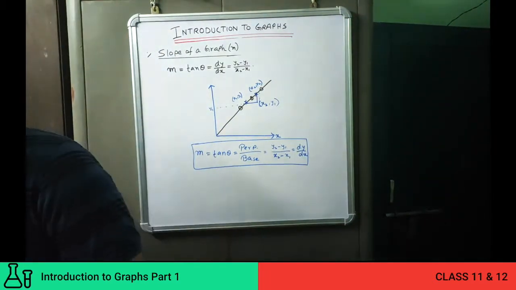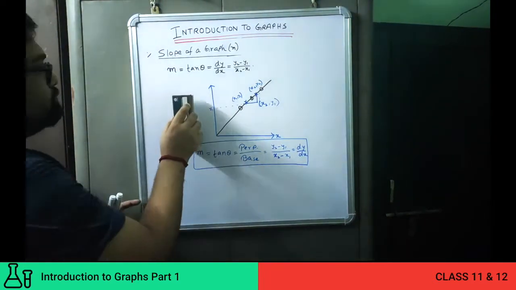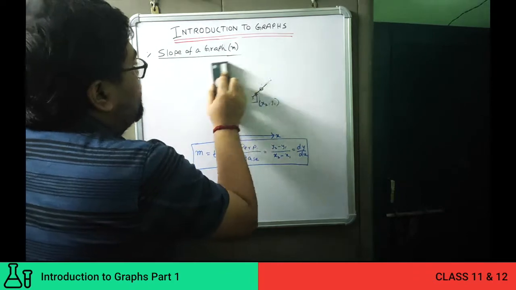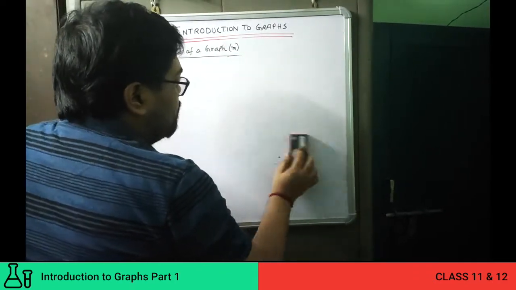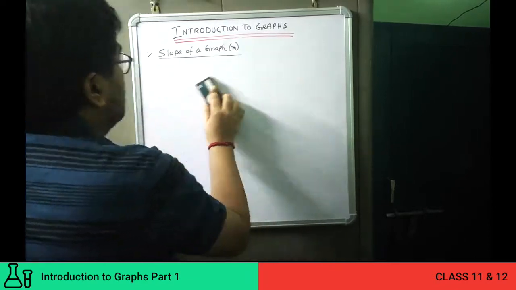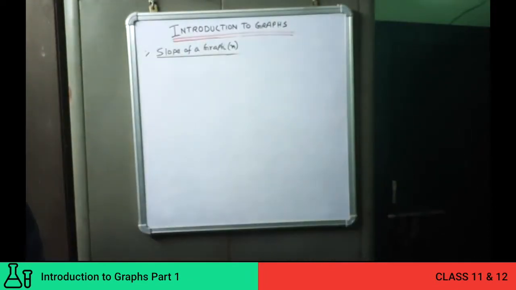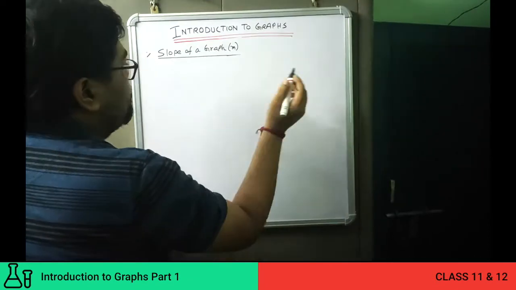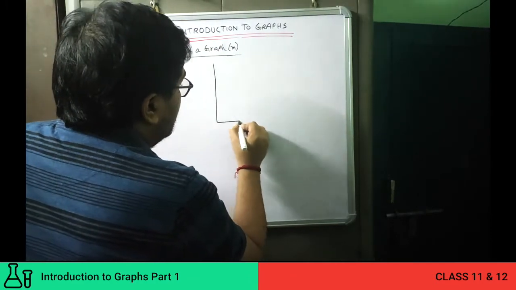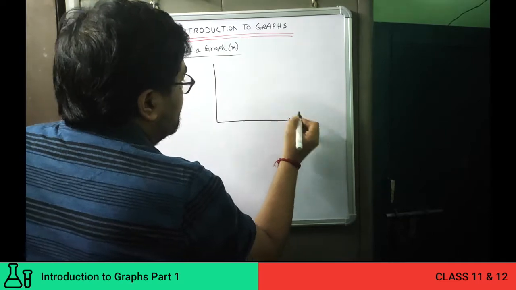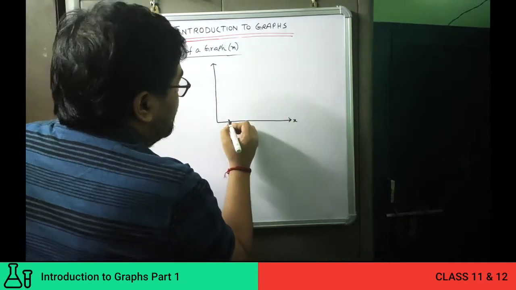Now we have to discuss positive and negative slopes. We have taken two axes again. This is the x and this is the y axis.